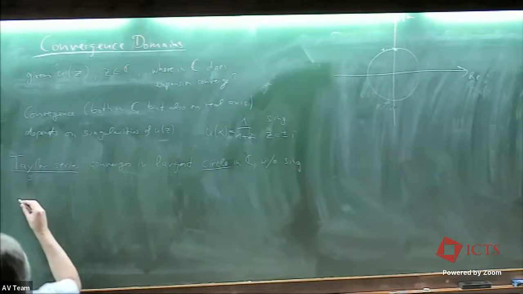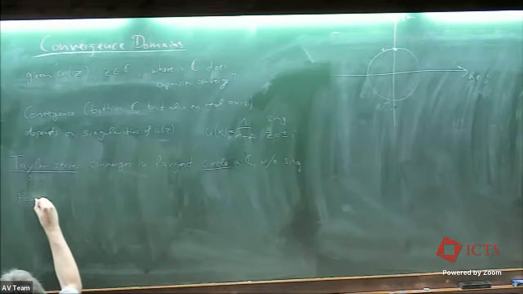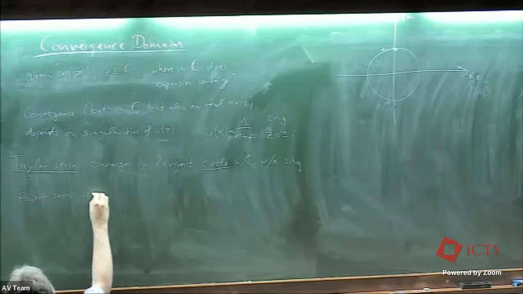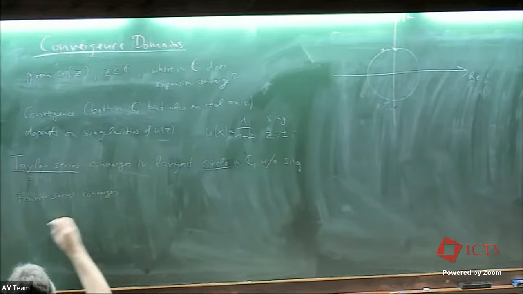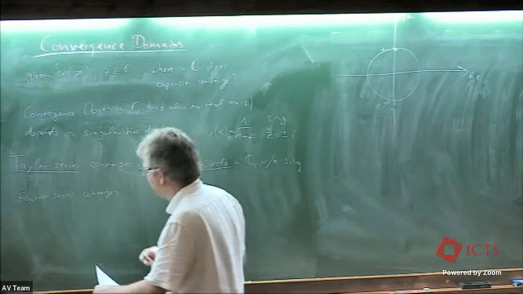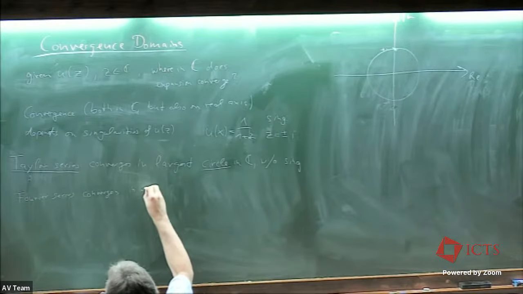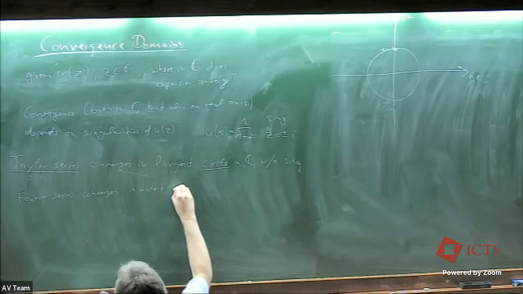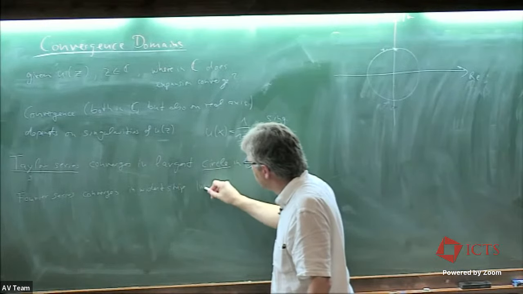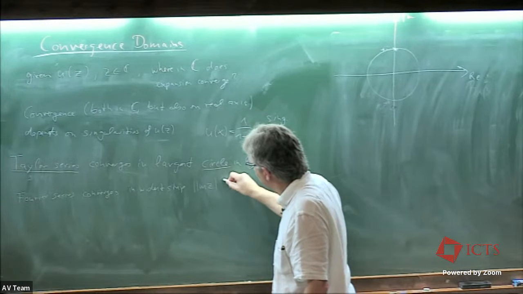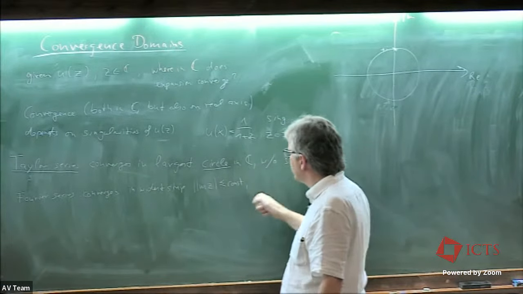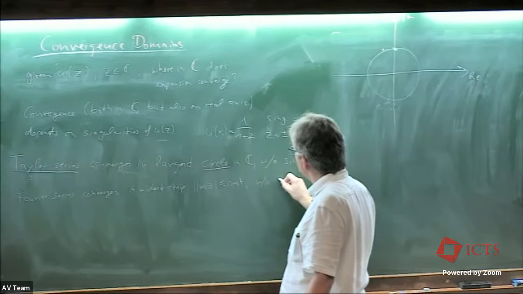For Fourier, the series converges in the widest strip, where the imaginary part of z is less than or equal to a constant, the widest strip without singularities.